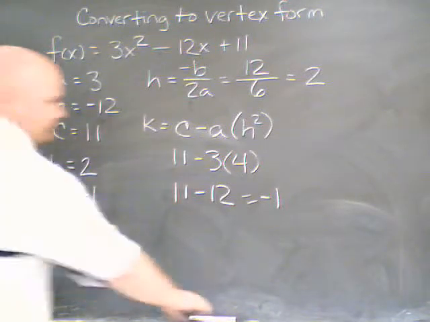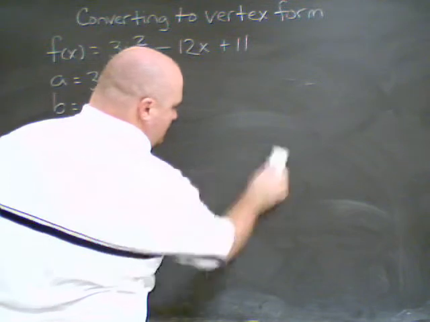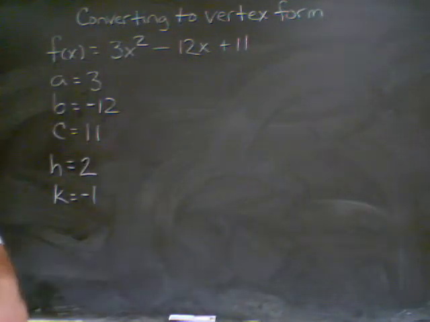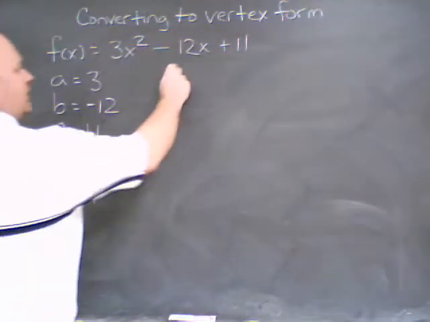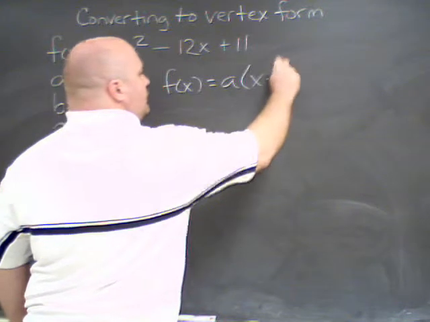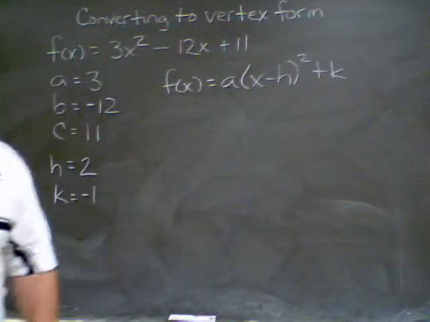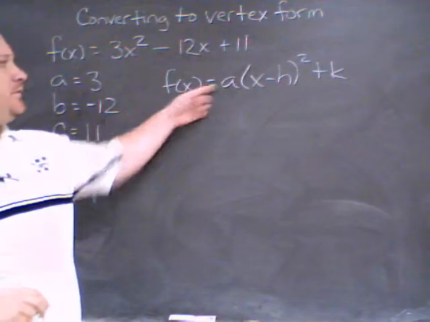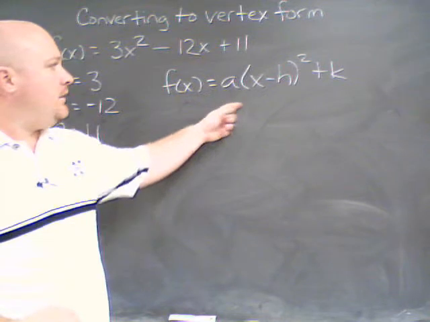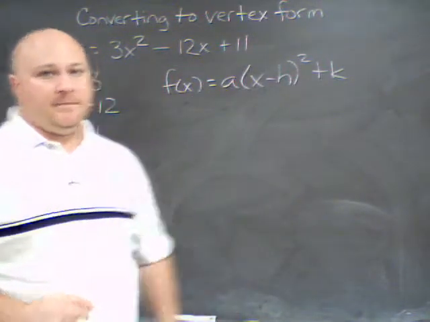Alright, I'm going to reuse this space. Now I have to plug them in to my vertex form. The vertex form is written this way. So I've got f of x equals a times x minus h squared plus k.